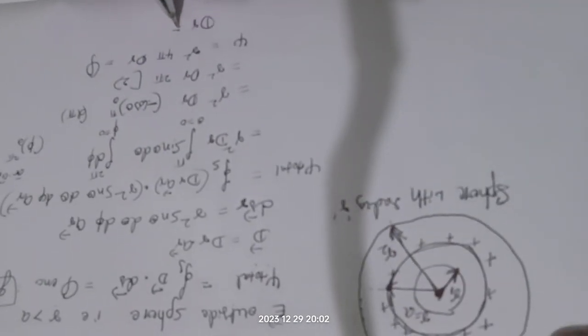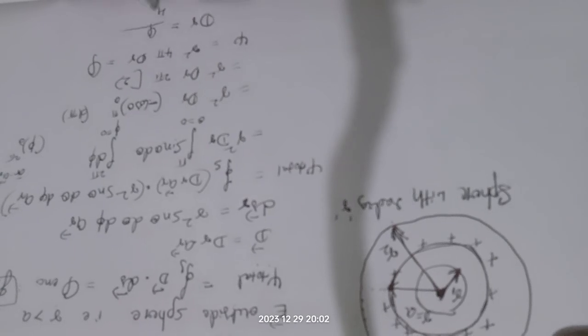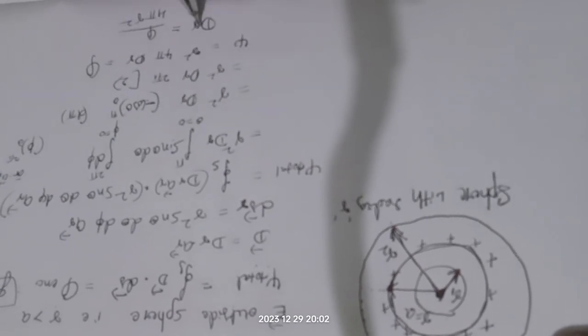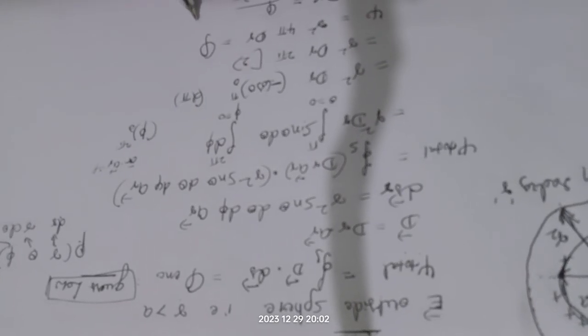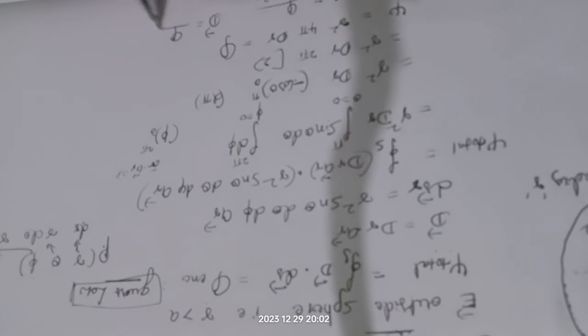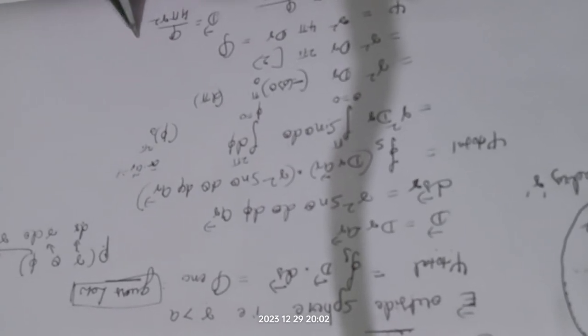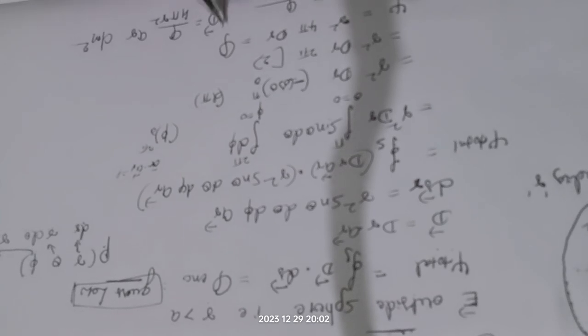This is nothing but the charge Q. So D_r can be written as Q divided by 4 pi r squared. If we write in terms of the flux density D, it is going to be Q divided by 4 pi r squared a_r, in coulomb per meter squared. So this is what you got.